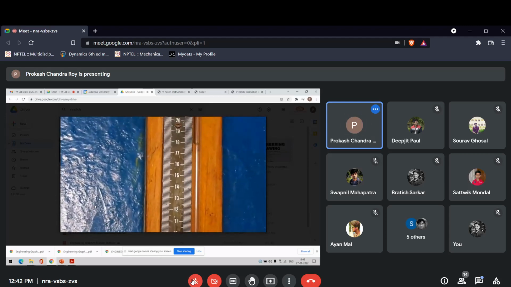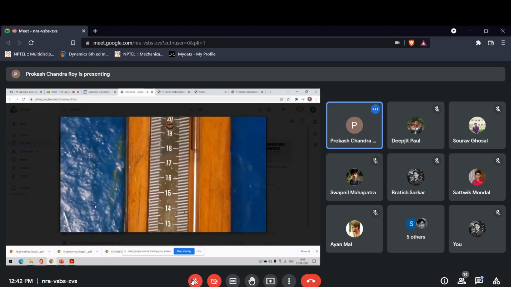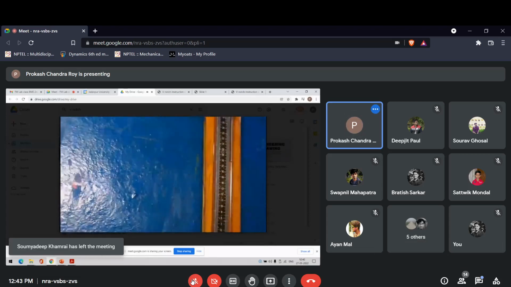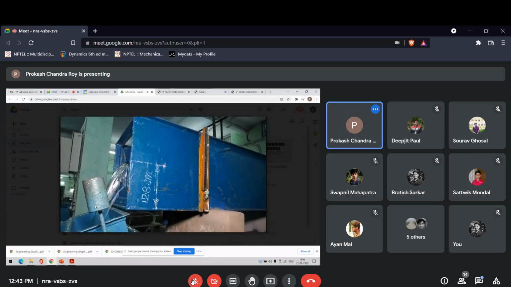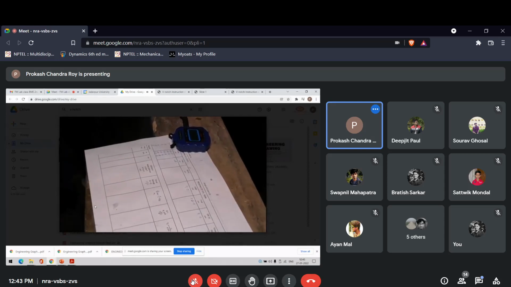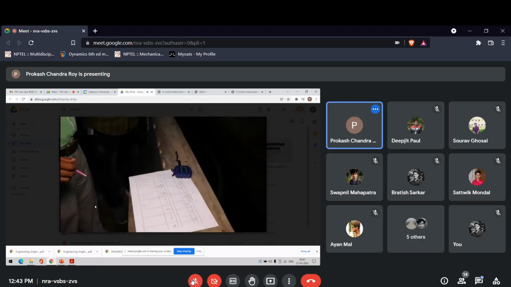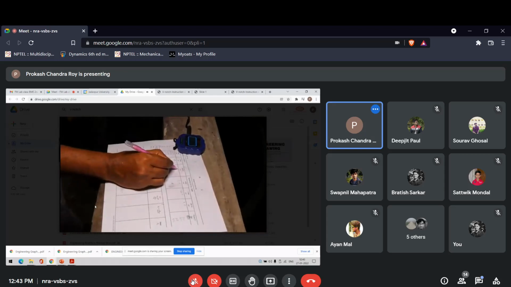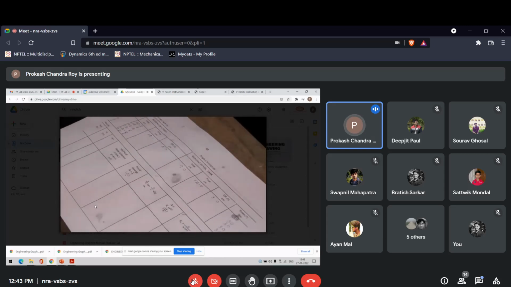Now this is the final height or head of the V-notch using the piezometer. So the difference is coming 5.3.